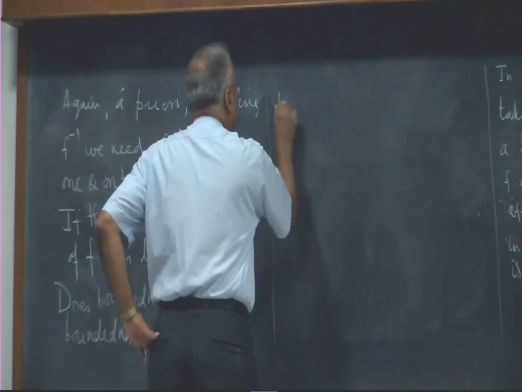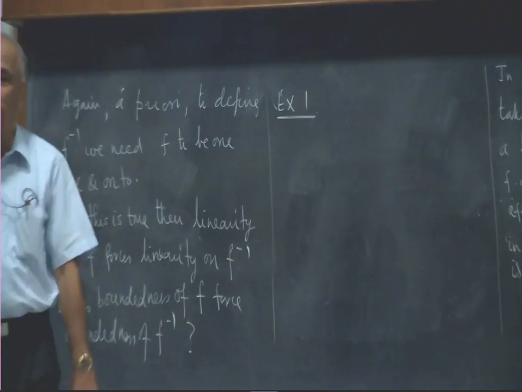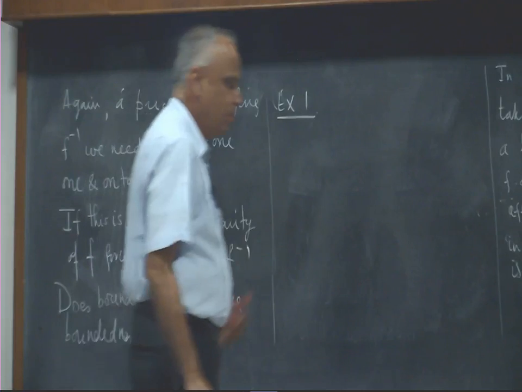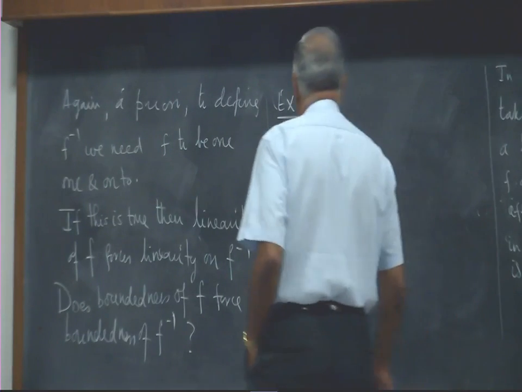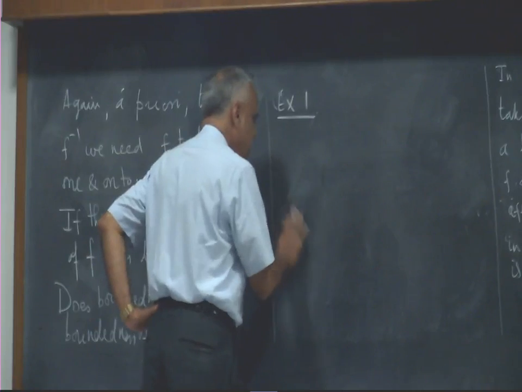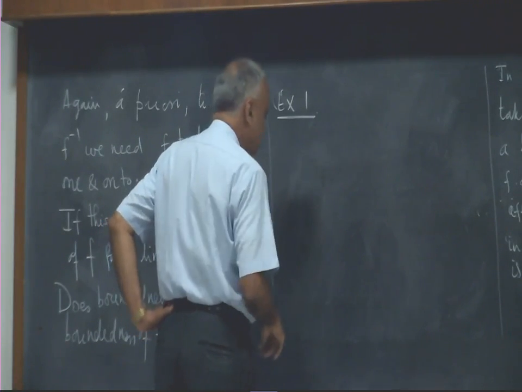Let us look at, I will give you first a very simple example. Unless you look at infinite dimensional spaces, things are not interesting in a sense. So let's look at some very simple infinite dimensional spaces. You will see why I am not taking the examples that I had.